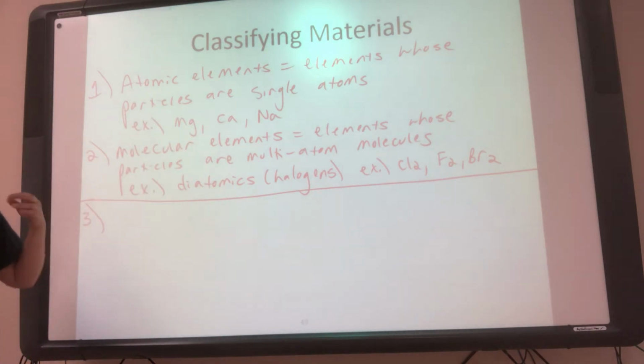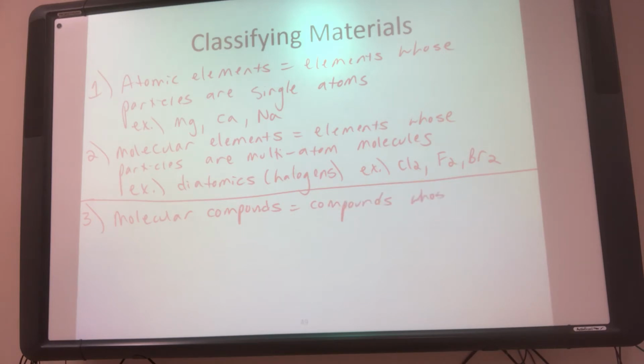Now we're going to talk about what if I have more than one different type of element together. So the first one are molecular compounds. These are compounds whose particles are molecules made of only nonmetals.